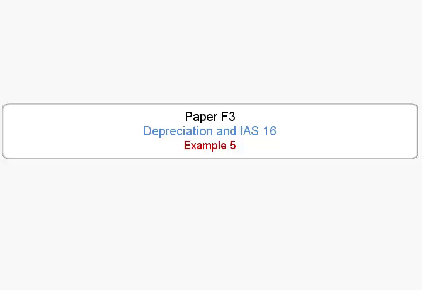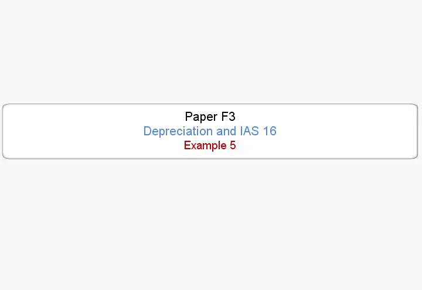And let me show you the entries to achieve that. Can you look at example 5? Purpose has a year end of 31st December each year. In our statement of financial position or balance sheet at December 2002, we've got buildings at a cost of 3.6 million and accumulated depreciation of 1.08 million.